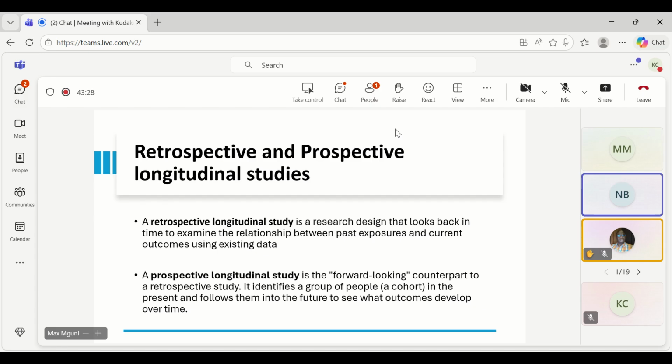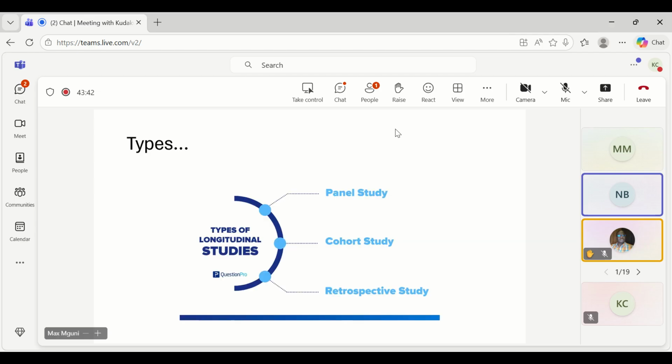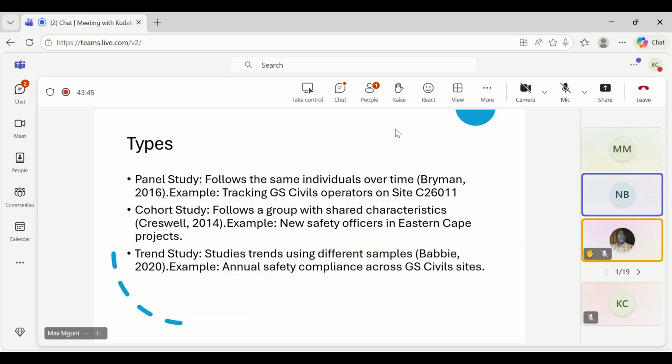The trend study, if you check on the slide, is a type of longitudinal design. With this one, we check how something changes in a population or group over time. But the retrospective study looks backwards in time.